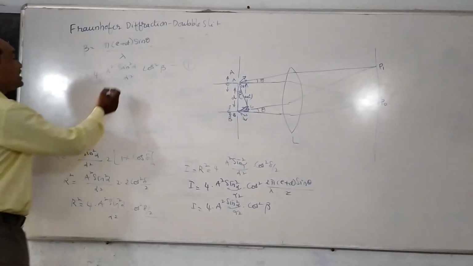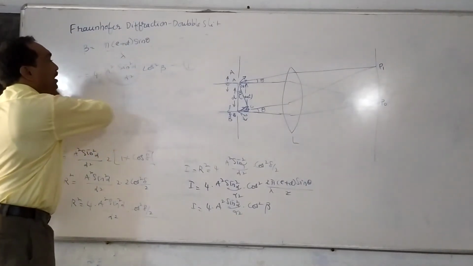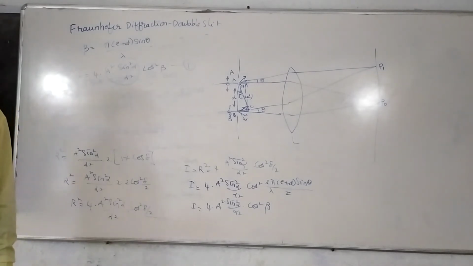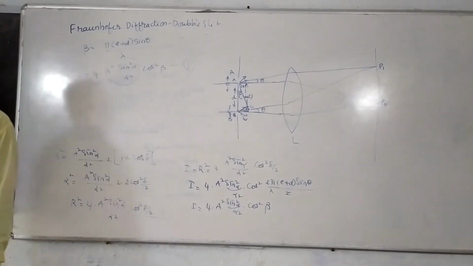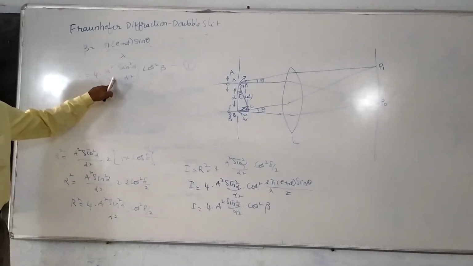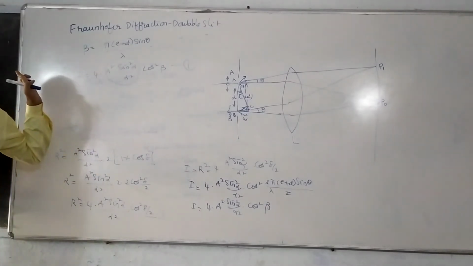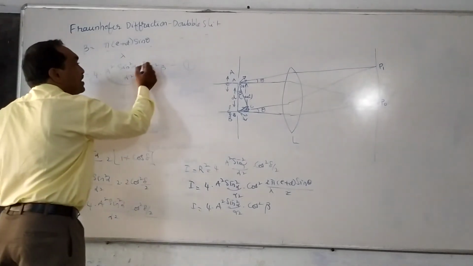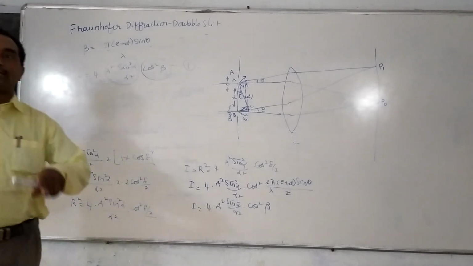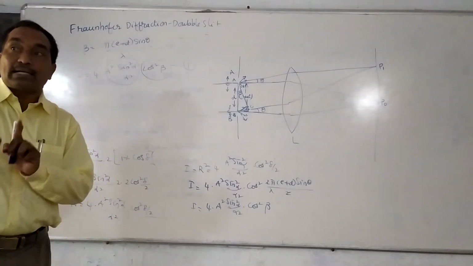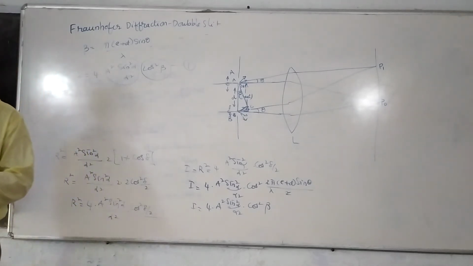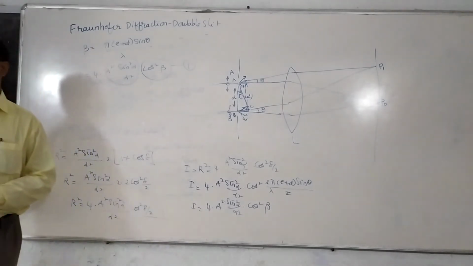The first term, A sin alpha by alpha, already discussed yesterday, is diffraction due to a single slit. So how the intensity is distributed in the single slit, we already discussed. And the second term is cos squared beta. This cos beta term analyzes the interference due to the two slits.